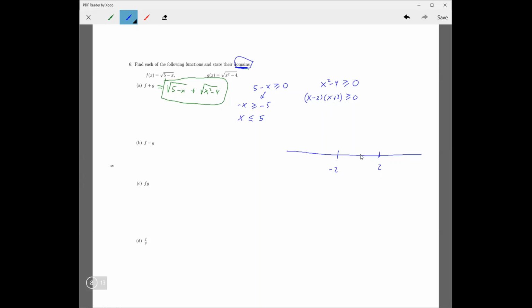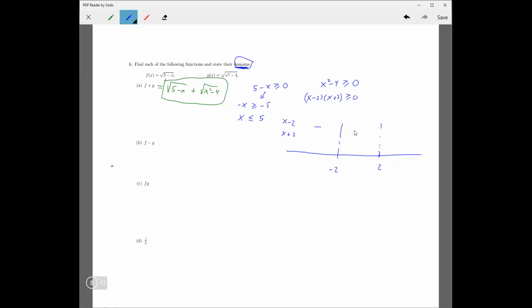You put the factors down right here, and this splits it up into 3 different zones. And you want to see whether these are positive or negative in each zone. So for this first one, x minus 2, if you're less than -2, that's negative here. And right in here, say for example 0, you can plug in any point in here and see what it is.